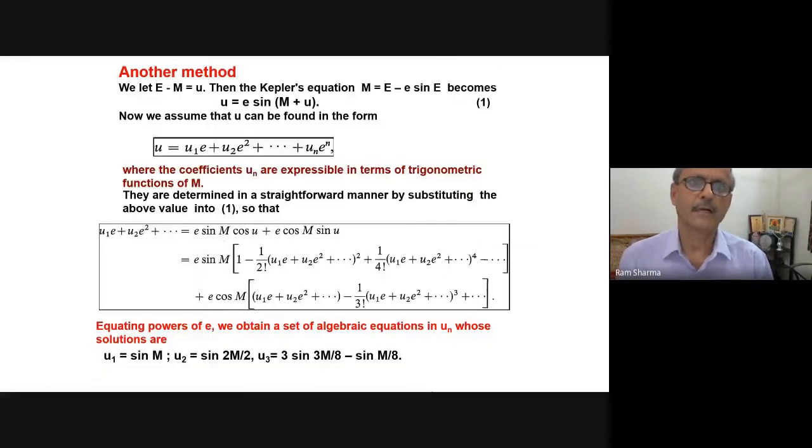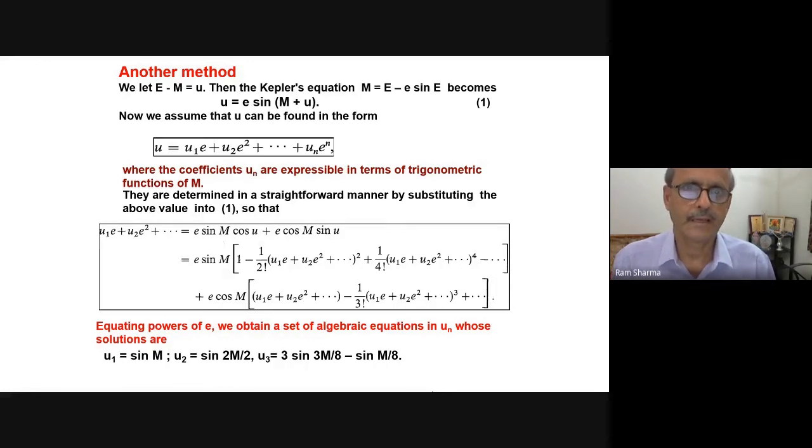There is another method, also equally simple, of which I can give you a rough idea. Let us assume E minus m to be U, and then the Kepler equation, E minus m equals e sine E, we can write as U equal to e sine (m plus U), because you take m to the other side.